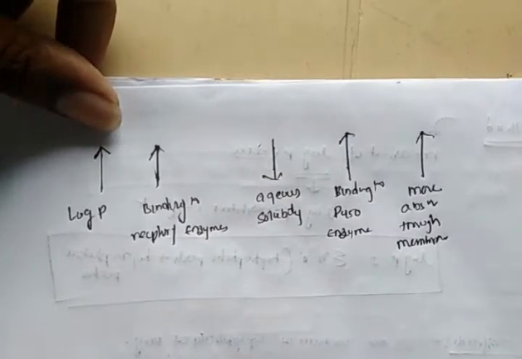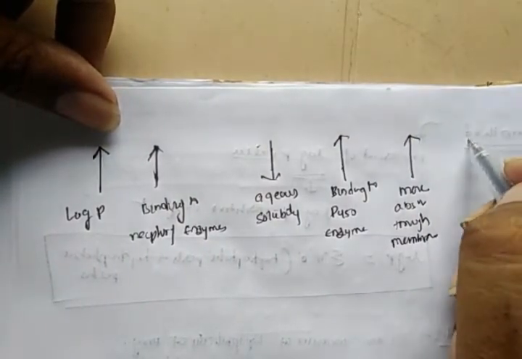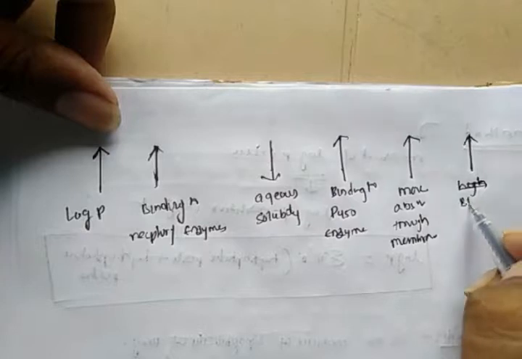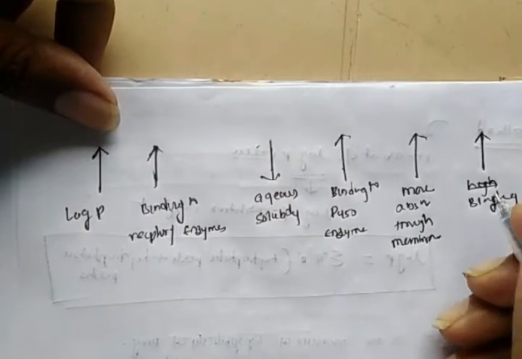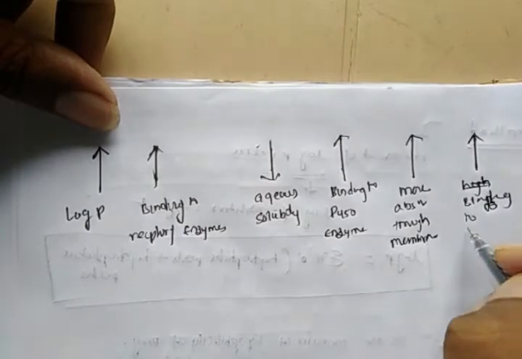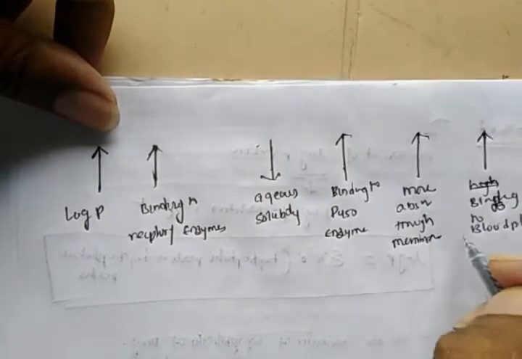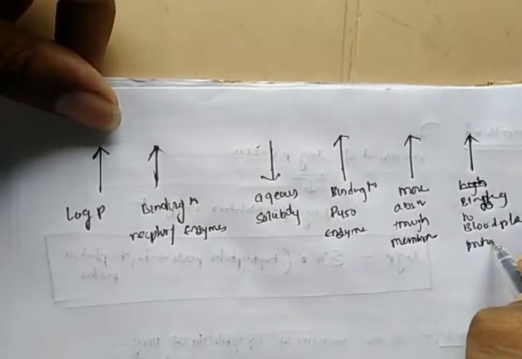As well, if a drug has a high log P value, binding to blood plasma proteins will be more.